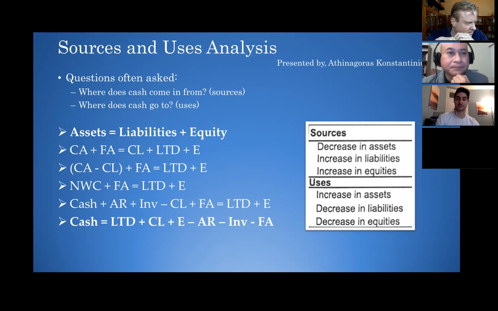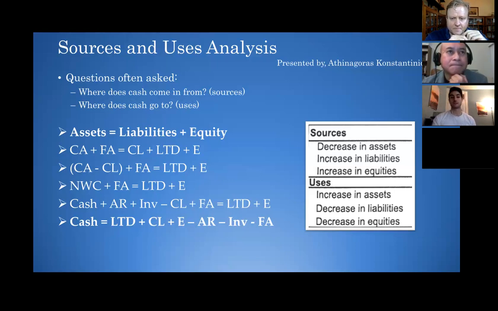And what we can see is what happens to that account once we change the long-term debt, the current liabilities, the equity, accounts receivable, etc. What will happen to cash will determine whether it's a source or use of cash.